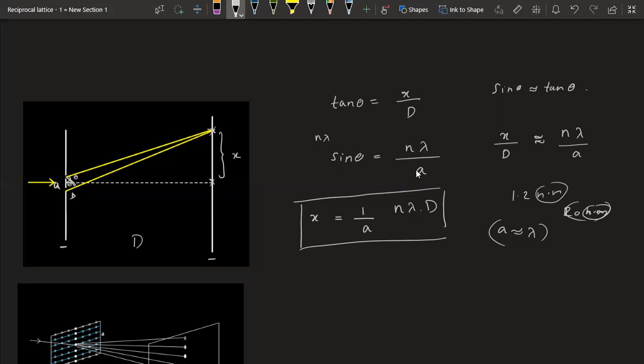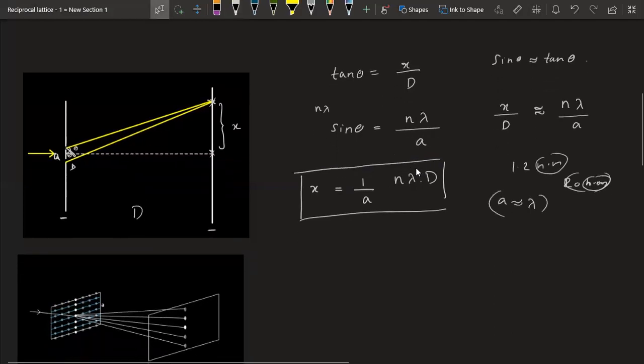So it's better to use a lambda value somewhat similar to that of the a value. That's better for measurement. Otherwise these spots may occur at a really small distance, so we can't measure that. So it's better to use a lambda value that's closer to this a value if you have some approximation.